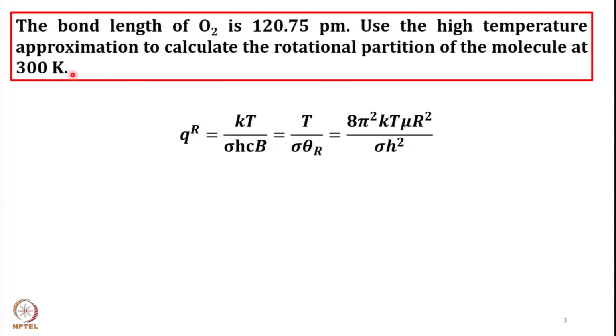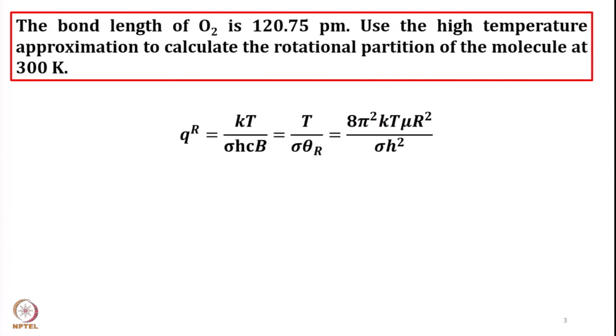Since we are told to use the high temperature approximation, we do not need to worry about calculating theta r unless we use that expression. So we will straight away use Q R is equal to kT over sigma hCB.